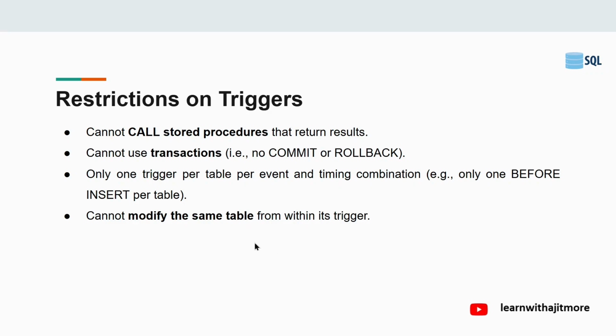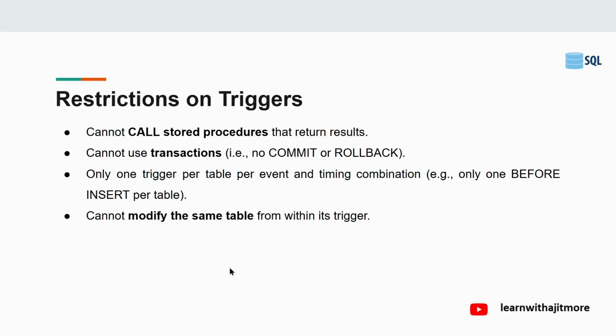Okay, and cannot modify the same table from within the trigger. As I said, if you have written a trigger for after insert on student, so when you're doing insert on student, it goes to the trigger, and inside the trigger again you are generating an insert query. So it is not valid. It's not wise to do that.